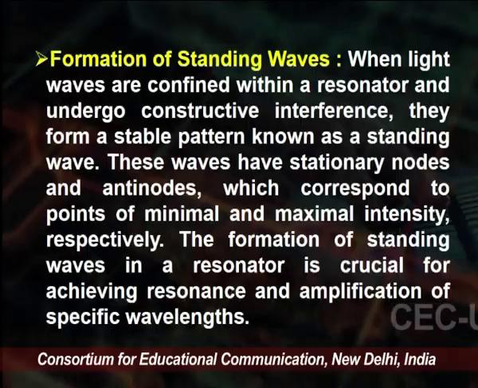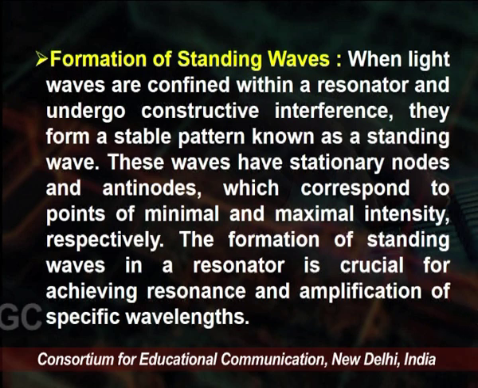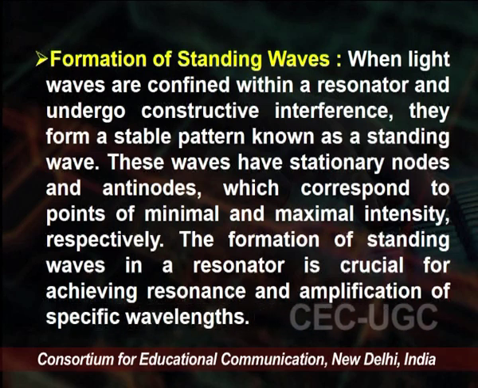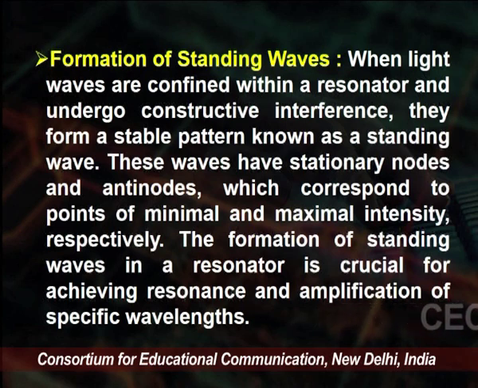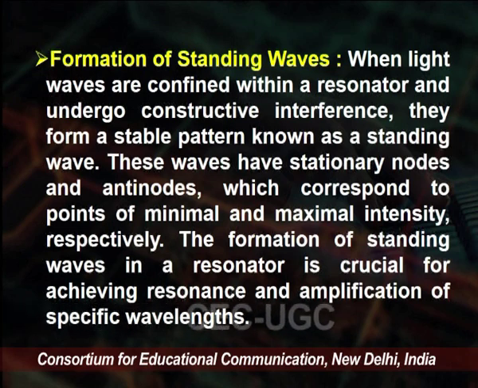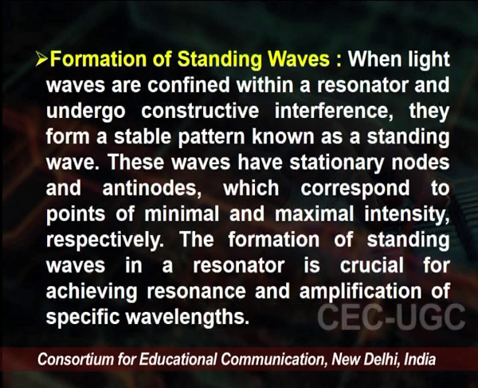Another point is the formation of standing waves. We put the mirrors in such an arrangement that we can get standing waves. When the light waves are confined within a resonator and undergo constructive interference, they form a stable pattern, known as a standing wave.